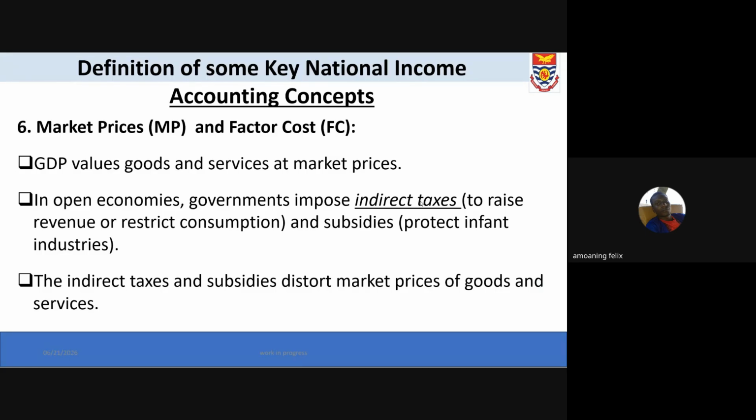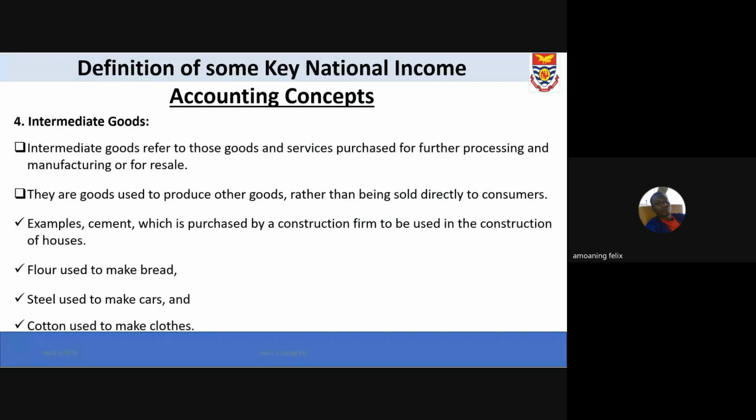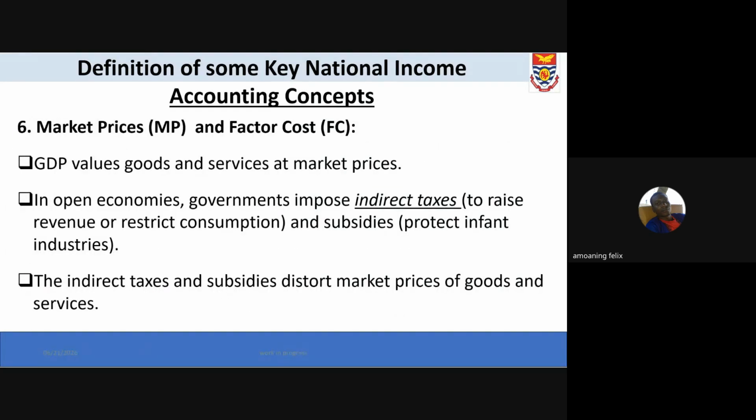So if I want to get the actual price, then all that I have to do after getting the market price is to subtract the tax from the market price. So I'm going to have market price minus the tax, and the tax is indirect tax. If government gave a subsidy, then I have to add the subsidy that the government gave.